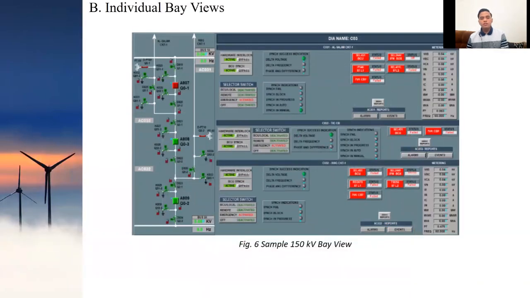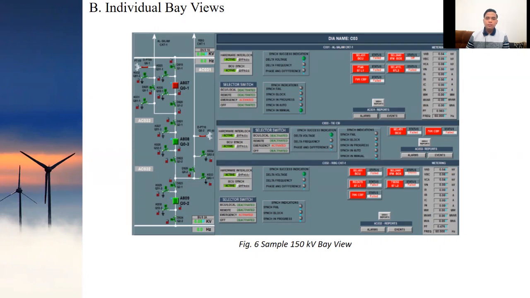So the next is individual bay views. This type of screen provides detailed information about the individual bay. The number of screens equals the number of bays available in all substation voltage levels. This view provides the following information about the bay. Number one is measurement of bay voltage, bay current, active or reactive power, frequency and power factor. Second is position of the bay selector switch, for example emergency or local BCU and remote.